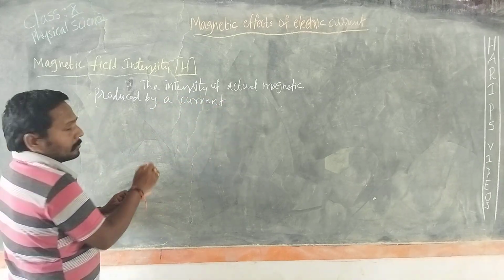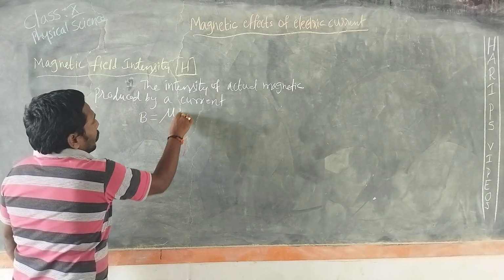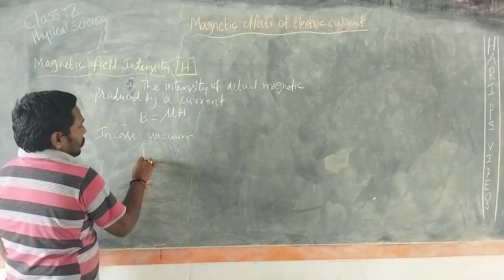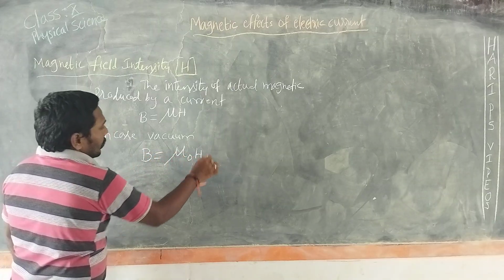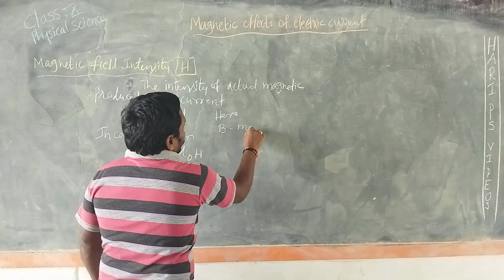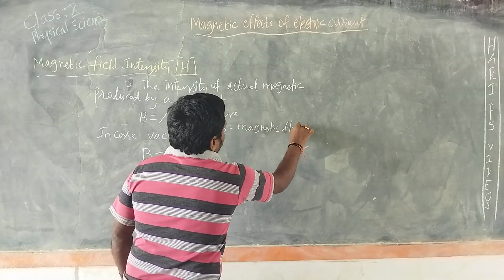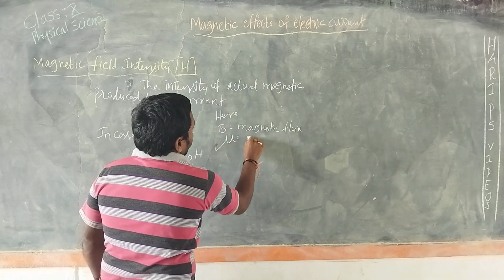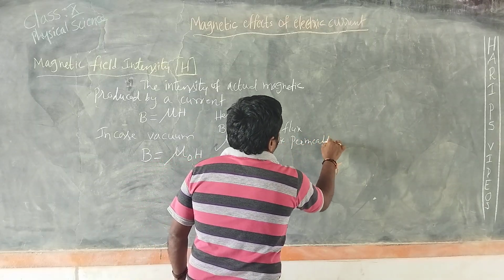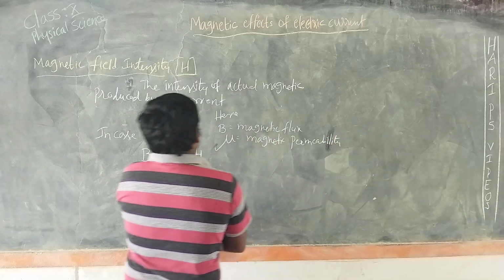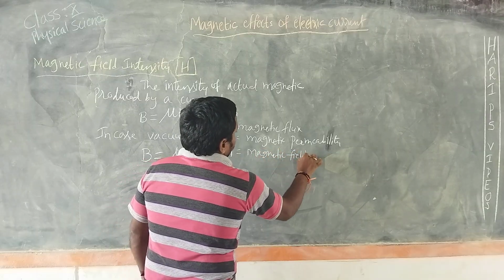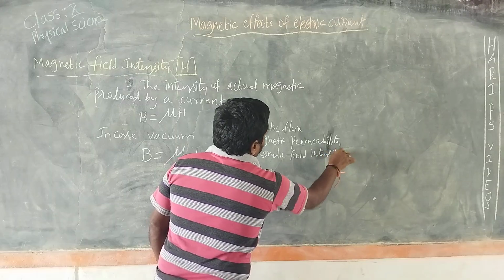We can write this with the help of a formula: B is equal to mu H. In case of vacuum, we can write B is equal to mu naught H. Here B is the magnetic flux density, mu is the magnetic permeability, and H is the magnetic field intensity.